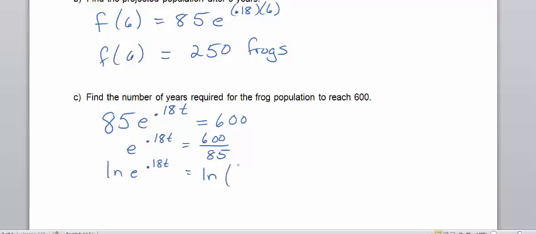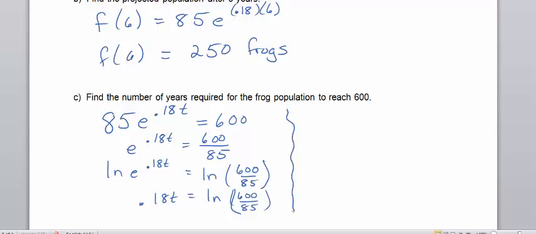So we have the natural log of 600 over 85. I'm going to keep to my exact numbers at this point. And so 0.18t is equal to the natural log of 600 divided by 85. Okay? Now, going from there, that means t is equal to the natural log of 600 divided by 85, all divided by 0.18.